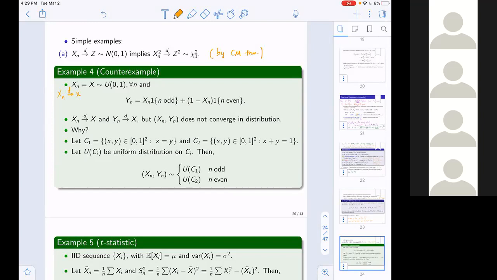Now I'm going to construct another sequence, Yn, which is equal to Xn if n is odd, and 1 minus Xn if n is even.